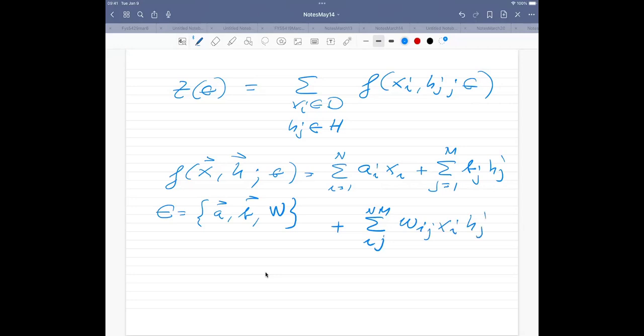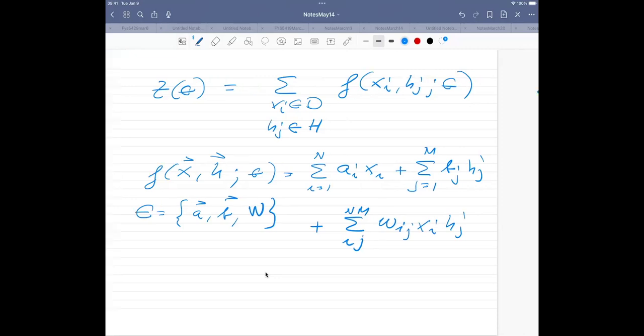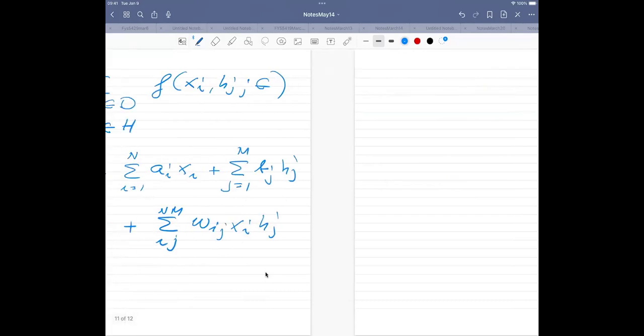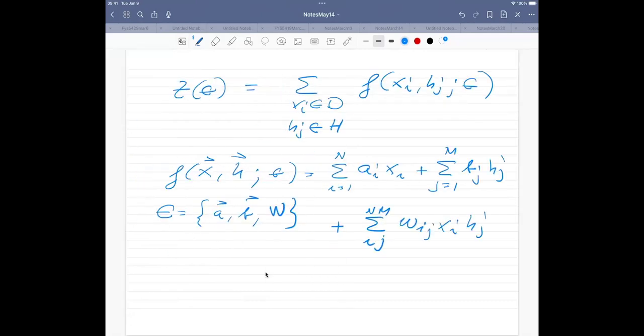And the way you can think of this now is that you have a network which looks as follows. That brings in correlations between the visible layer and the hidden layer.